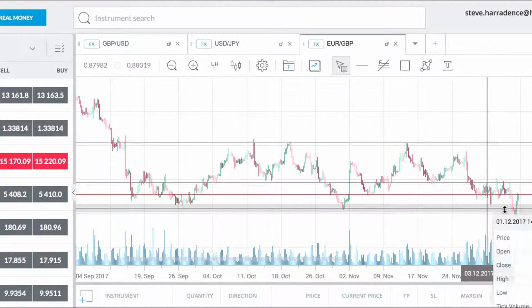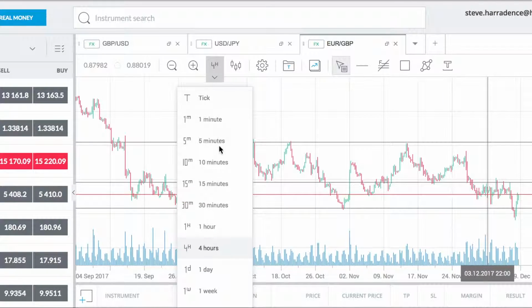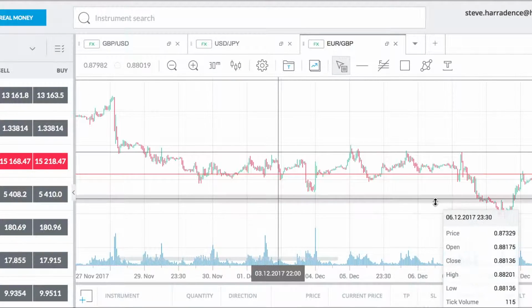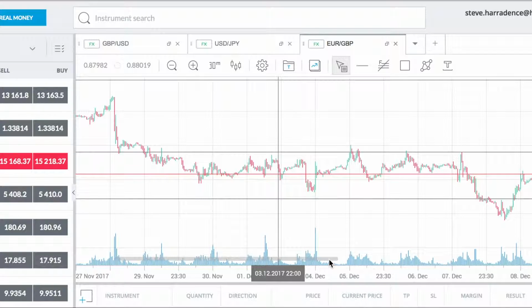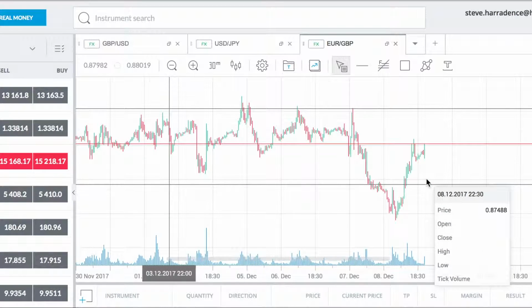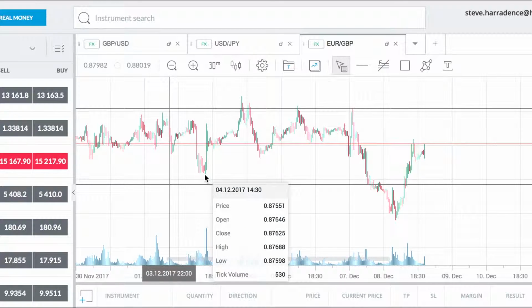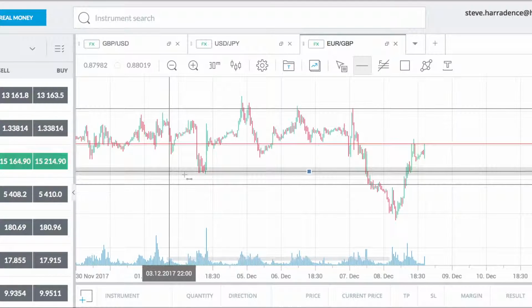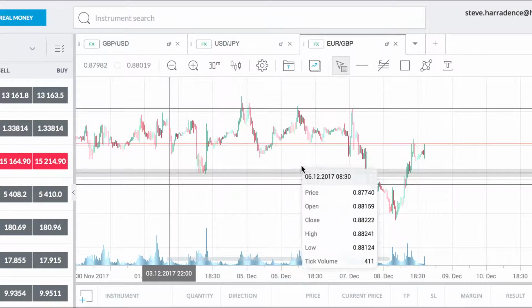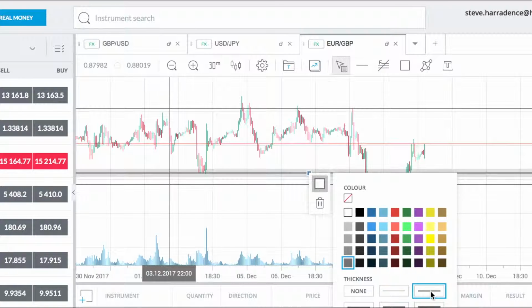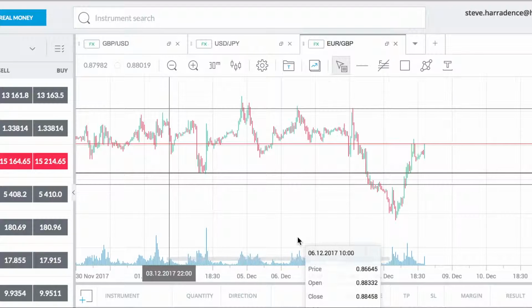So if it goes below that level, if we zoom in again, this line here is that support line. If it breaks through that, but first you see another level here. So if we put a line here, and we'll change that to the thicker one, that's the first line of support.